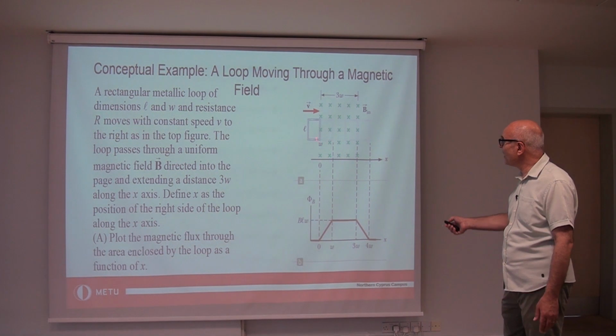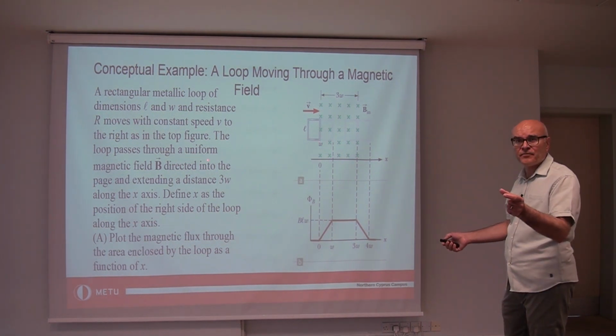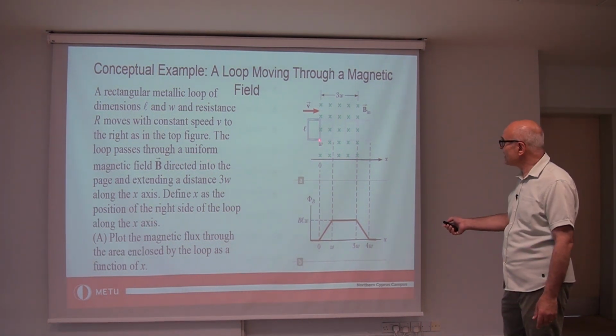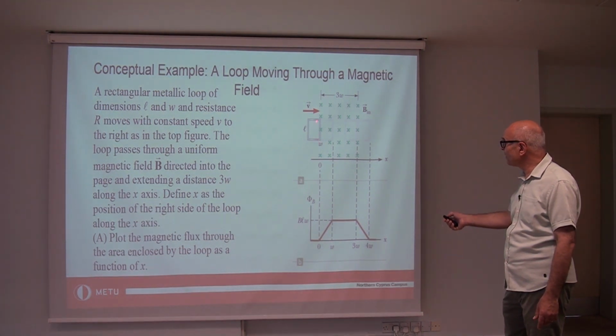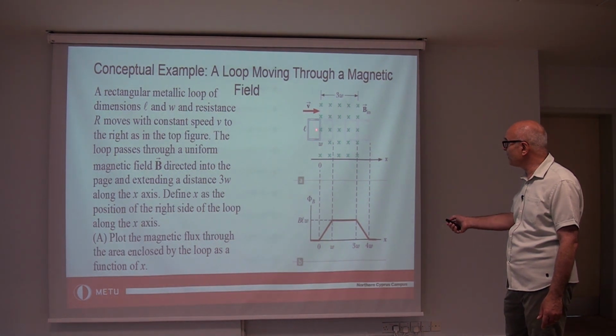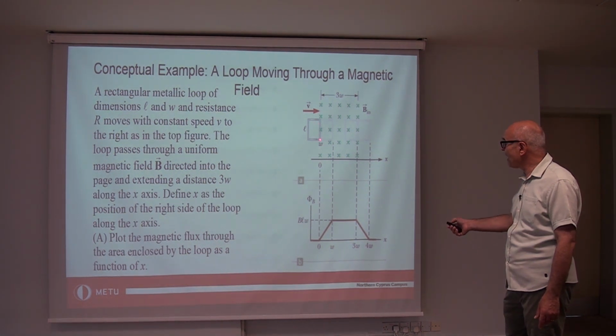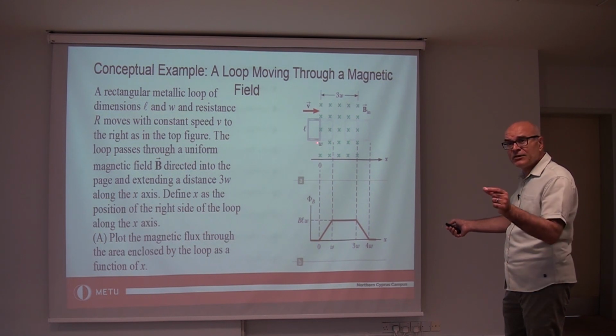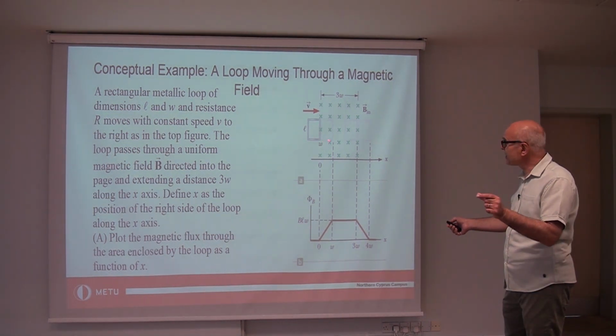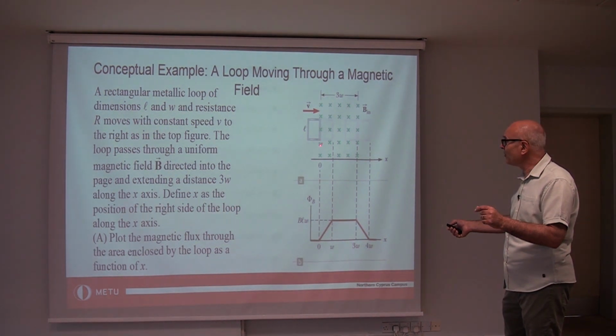As I have said, phi is BLx, because as this enters here, the part of the rectangular loop having flux is of length x, where x is the coordinate of this front here.